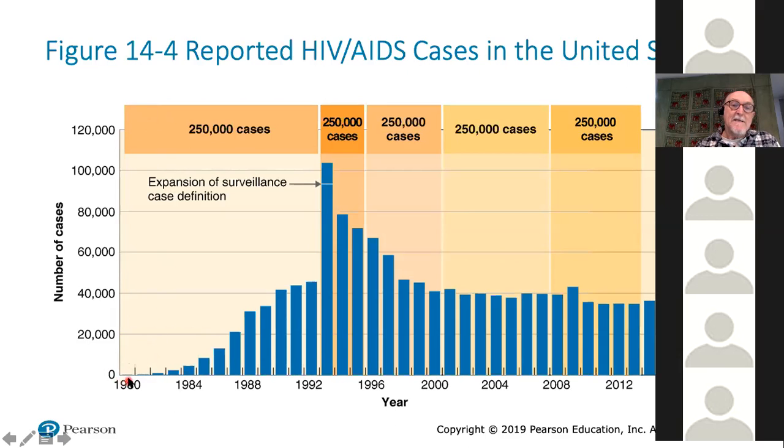The disease enters the population somewhere around here. It moves through particularly vulnerable populations. But if you follow its growth, doesn't that look suspiciously like a growth curve that we saw earlier when we looked at bacterial growth, for example?